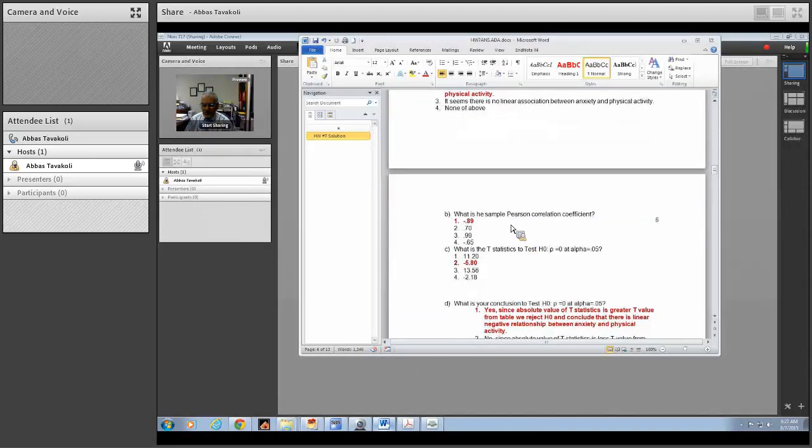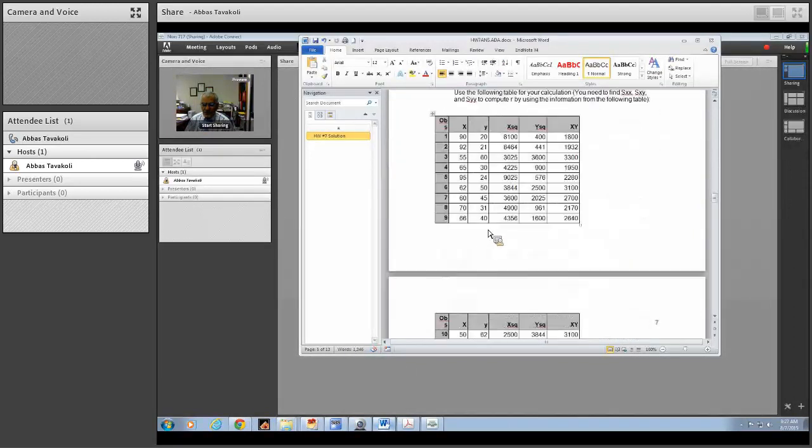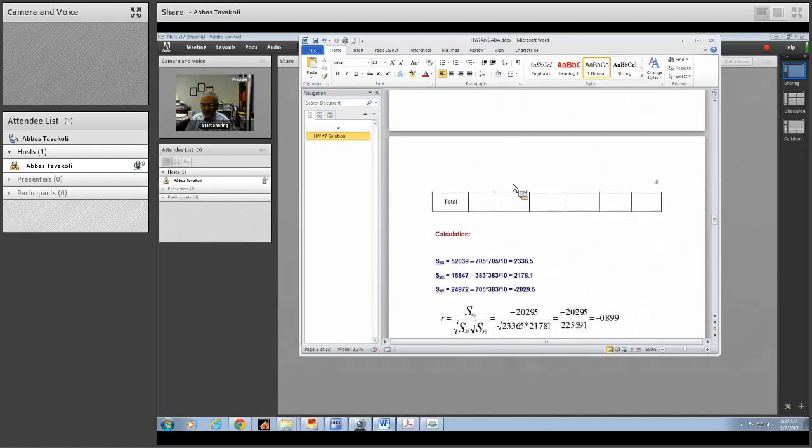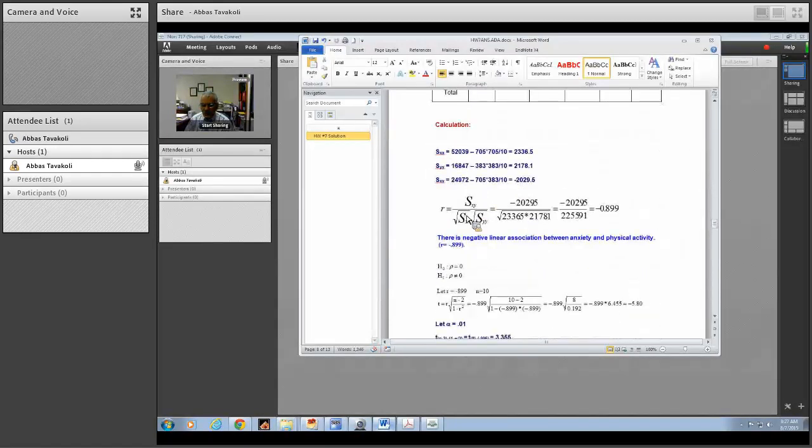I ask you to calculate the Pearson correlation. Again, using the same formula and same process we did before, you first calculate SXX, SYY, and SXY, easily replacing their sums of squares and dividing by x bar squared over 10.